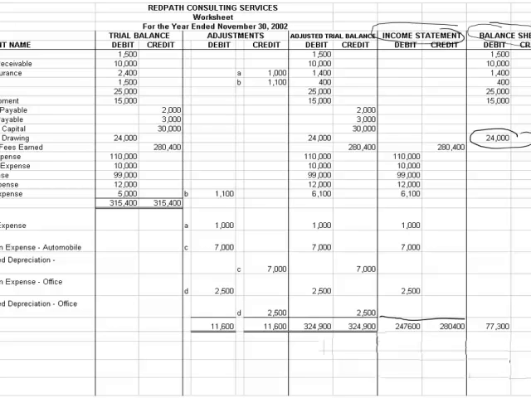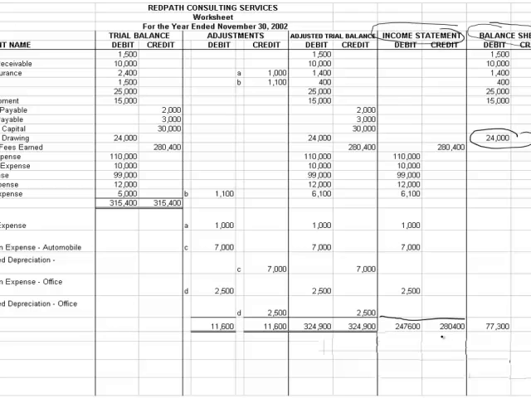Now, here's where the important part comes in. We're going to make these 4 columns balance. Notice in the income statement, our credits, our revenue account, is $280,400. Notice adding up all of our expenses, we come up with $247,600. Okay, did we make more money than we had to spend out in expenses?